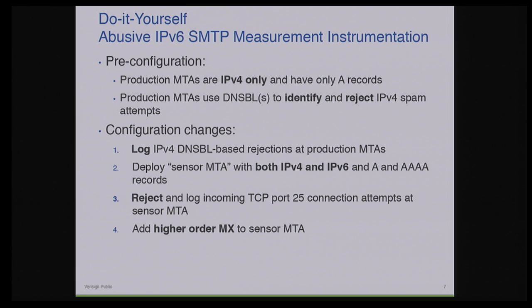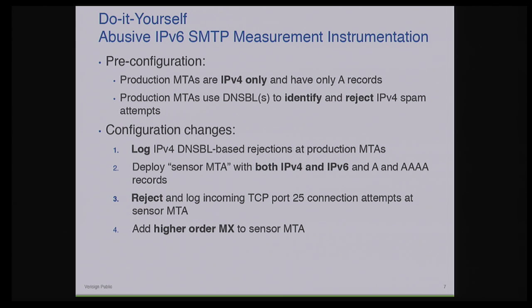Okay, so IPv4 only, only A records, and then you're using some type of reputation system to reject IPv4 spam attempts. Then the changes you would make would be that you would, if you're not already, log these rejections at your production MTAs as they're coming in.